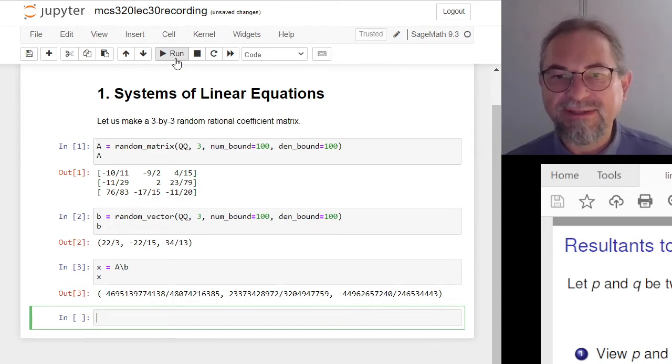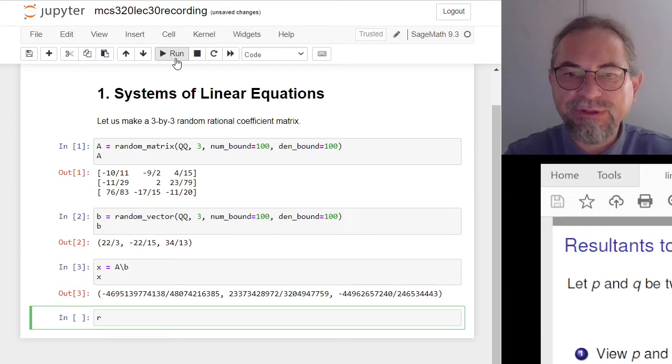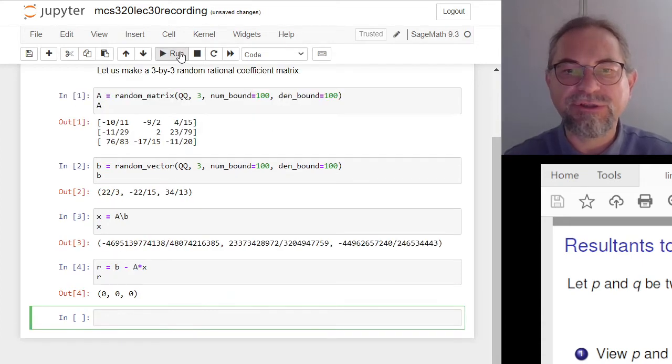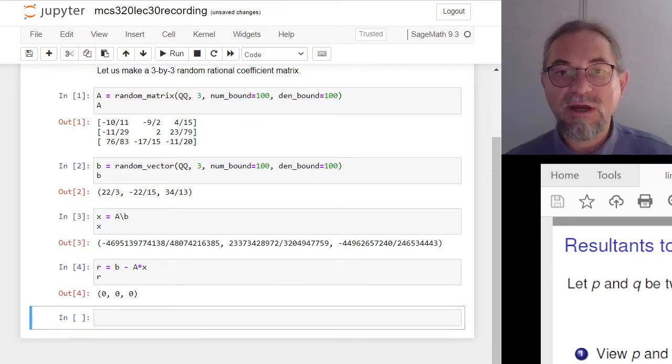What I want to indicate here, first of all, is why this is a solution. Let me compute the residual vector. So b minus A times x is what I call the residual vector, and that vector is 0. So here you see our first calculation. It's an exact calculation over the rational numbers.